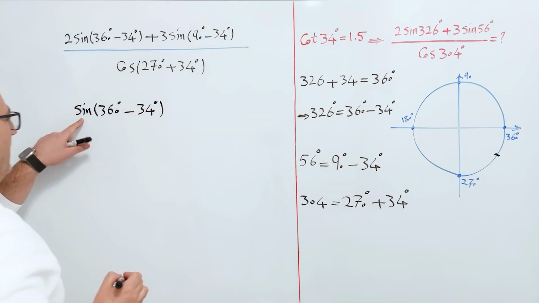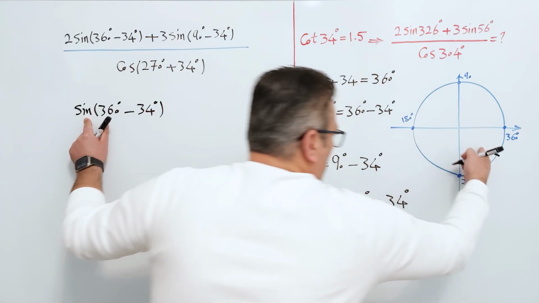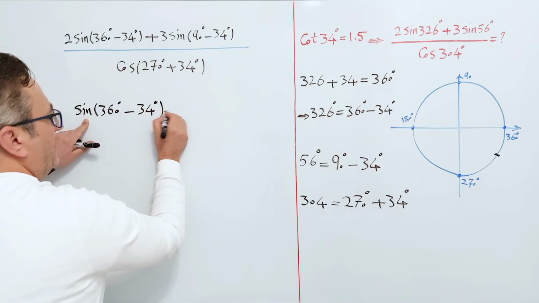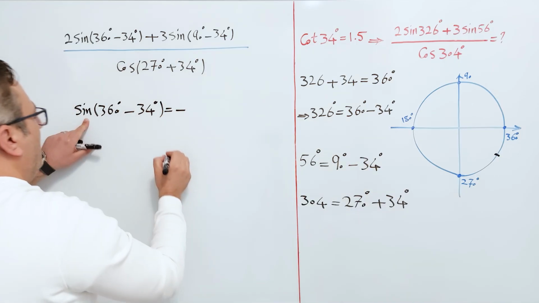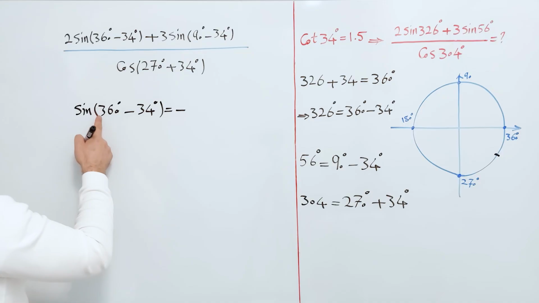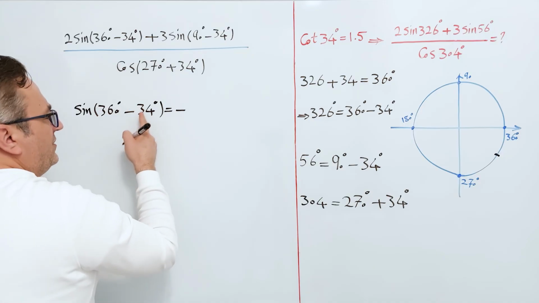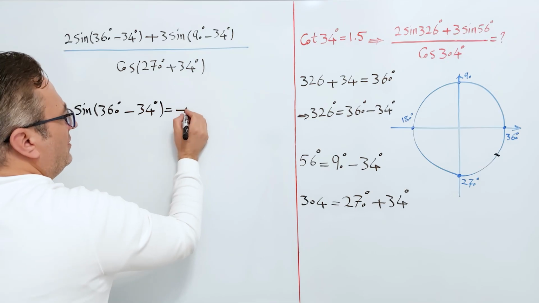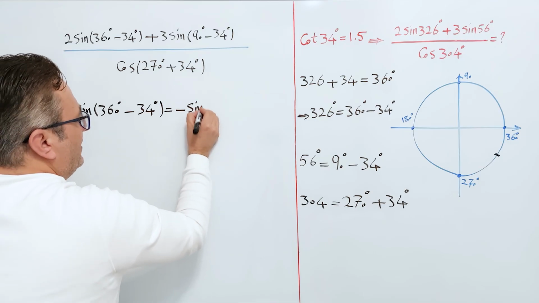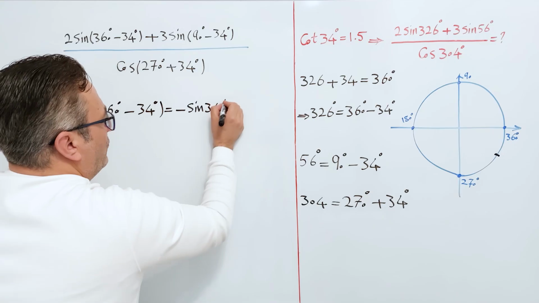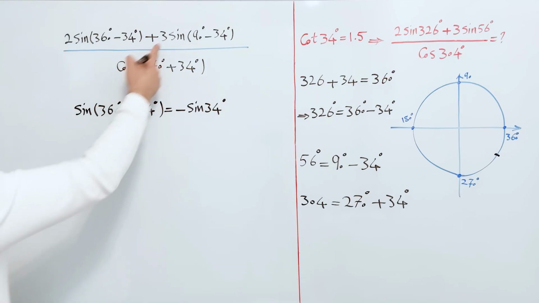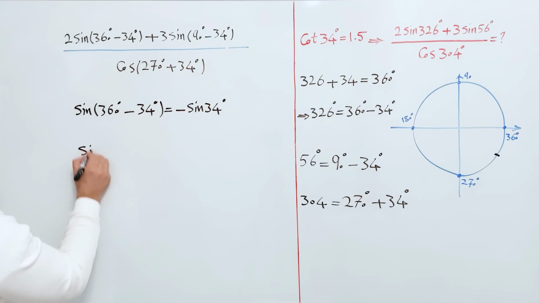So the sign of sine in the fourth quadrant is negative. So sine of 360 degrees minus 34 degrees is equal to minus sine of 34 degrees.